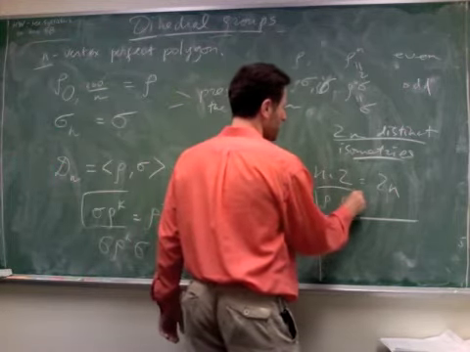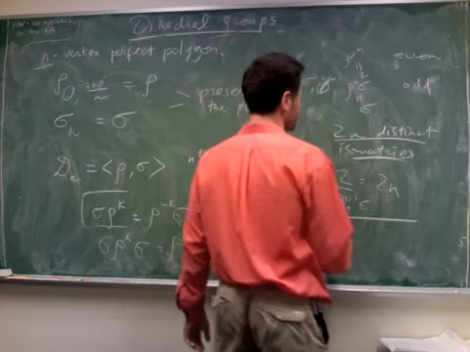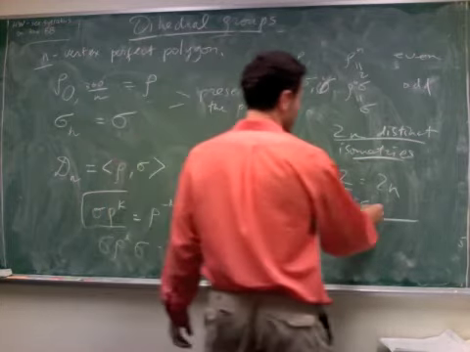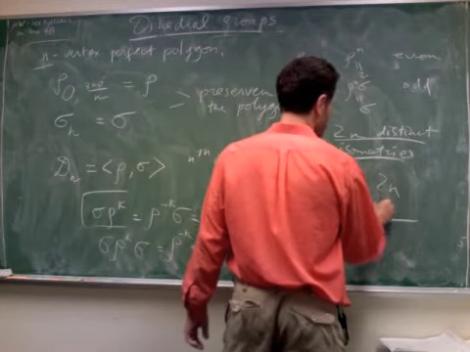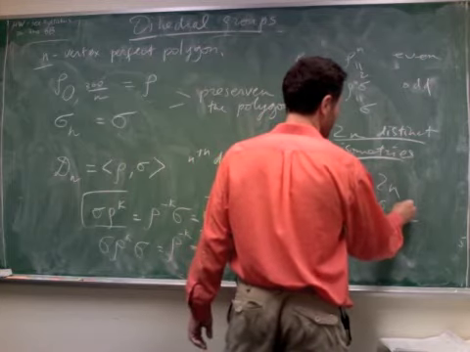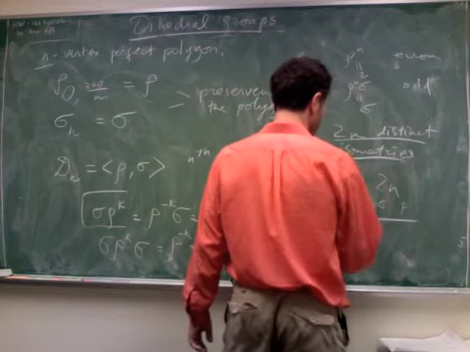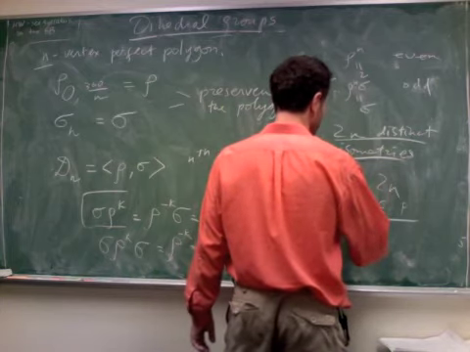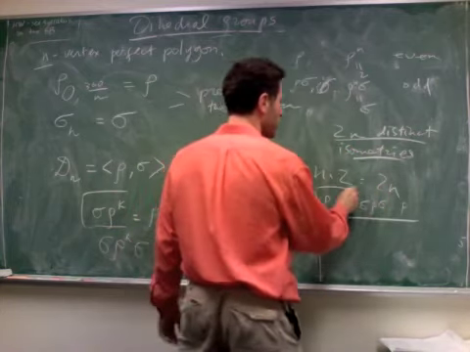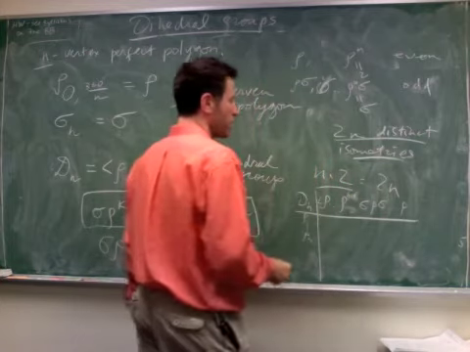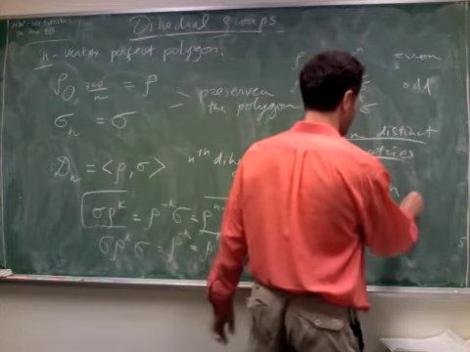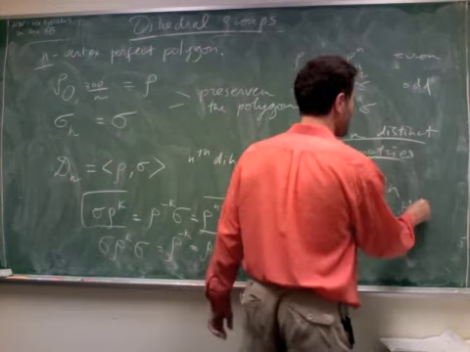So rho to the n, which is identity, sigma, rho sigma, and so forth until rho. Oh, well, we should start with identity actually. So we only go to rho to the n minus 1. Here we also go to rho to the n minus 1 times sigma.